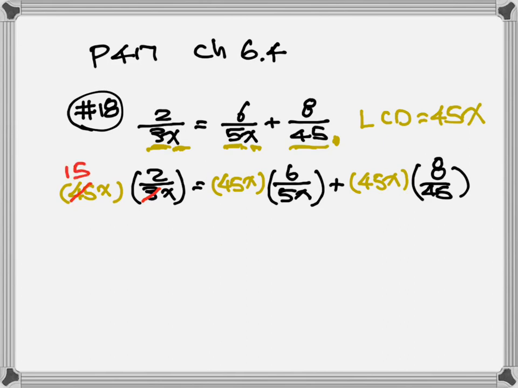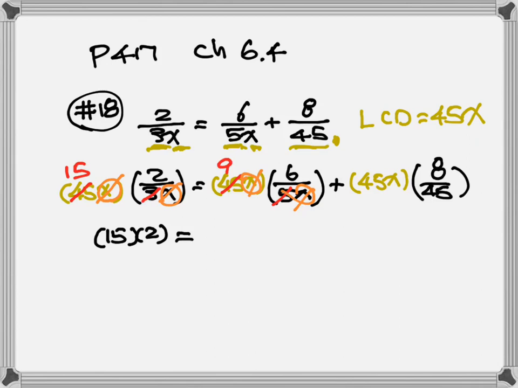Then here, the x and the bottom x cancel out. See, your denominator cancels out. See, there's no more fraction. So all you need to do is multiply 15 times 2. Do the same thing for the second fraction over here. 5 can go into 45 9 times. Also over here, we have x and x cancels out.